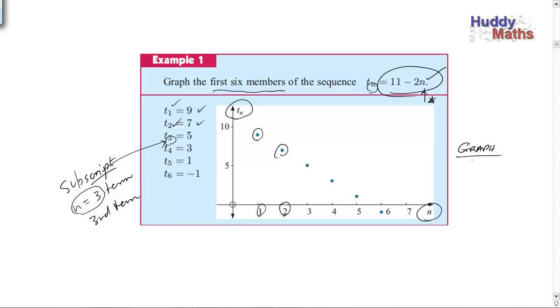Okay, so, or graph if you want, be consistent. So here you can see as n increases, Tn actually decreases. Okay, so this is a convention, by the way. This is called the independent variable, and the other one's the dependent variable.